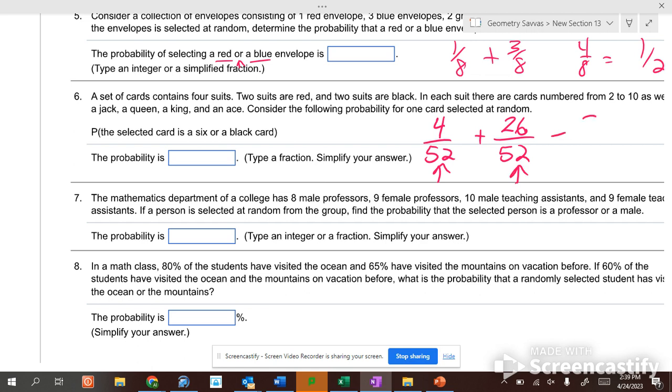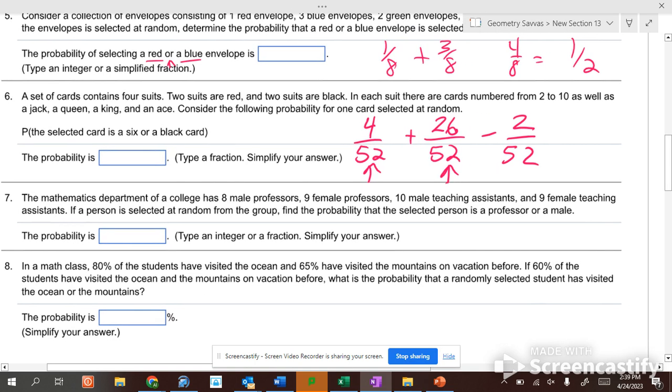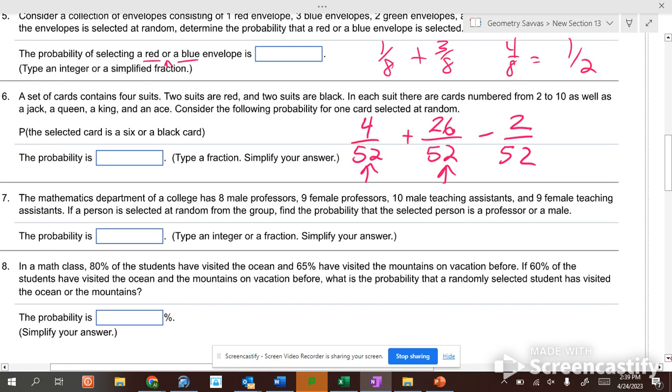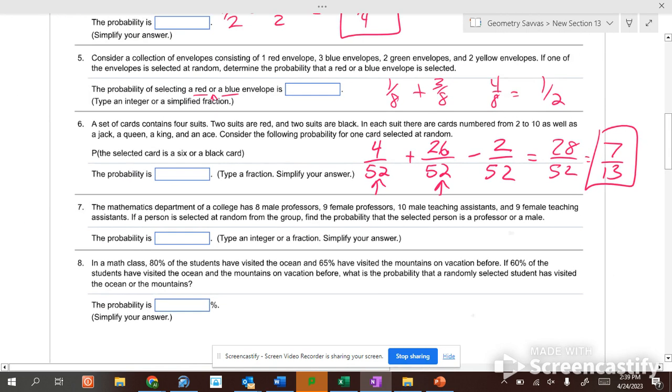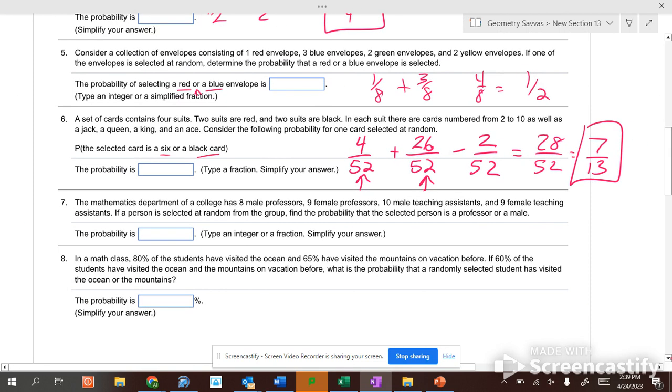So I have to subtract 2 of the 52 cards. So 4 plus 26 is 30, minus 2 is 28 over 52. Divide that by 4, it's 7 out of 13. There's a 7 out of 13 chance I'm going to pick either a 6 or a black card.